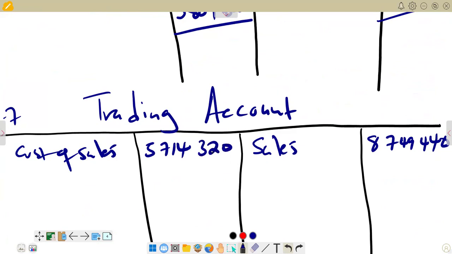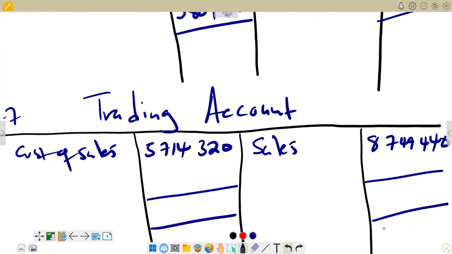And having done that, now means we can also balance the trading account. The balancing figure we transfer to the profit or loss account. So we put our double lines. So comparing the two figures, we see that the credit side is for the greater total, which is 8,749,440.